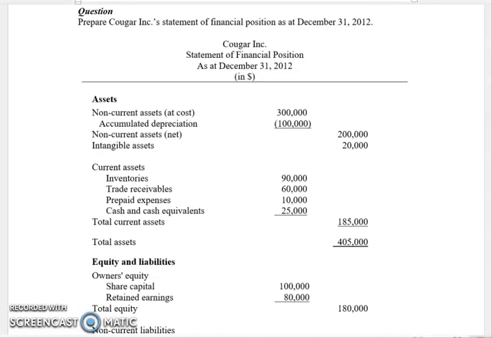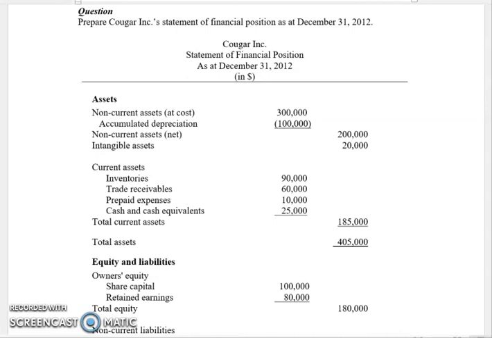Looking at our non-current assets at cost, that would be property, plant, and equipment, or a building, or something like that, for a total of $300,000. Then we have to subtract off the accumulated depreciation. Over the life of our non-current assets, they don't hold their value forever.